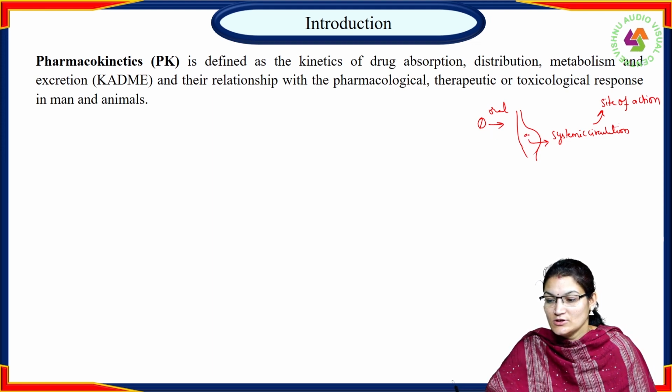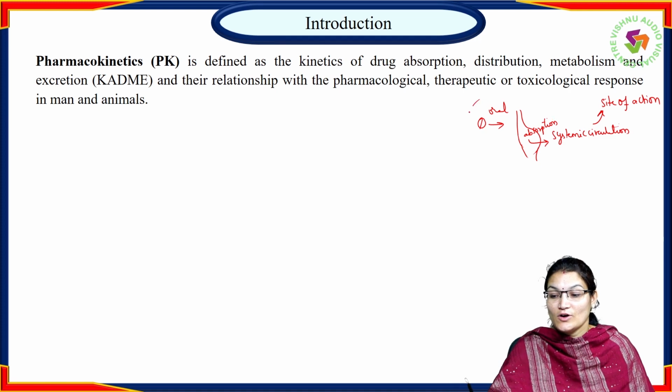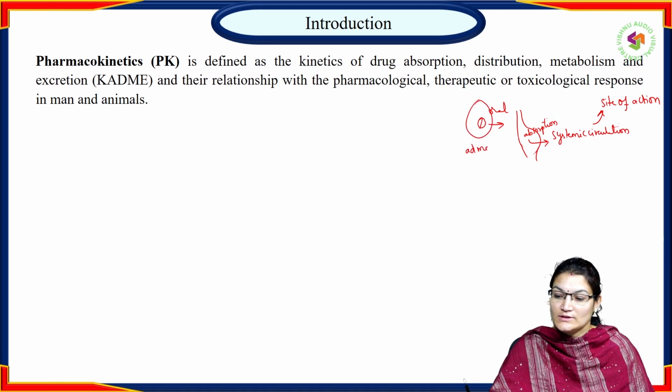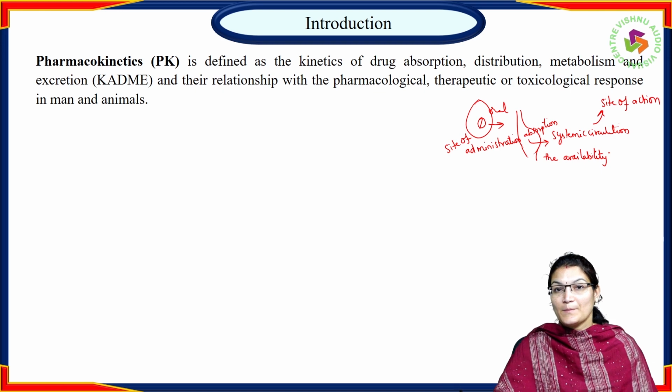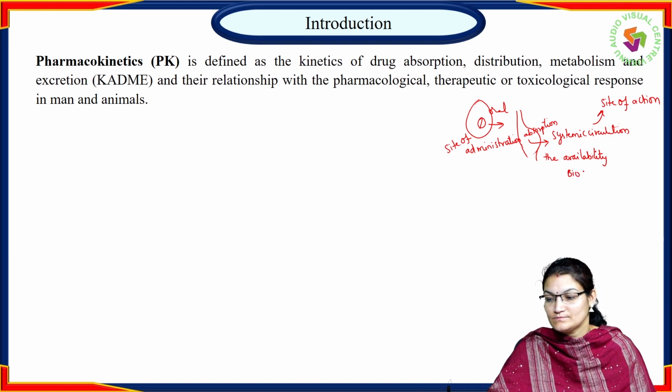Stomach to systemic circulation, you will call it as absorption. So, the movement of drug from site of administration, we call this as site of administration, to systemic circulation is called as absorption, and the availability of drug in systemic circulation is called as bioavailability.